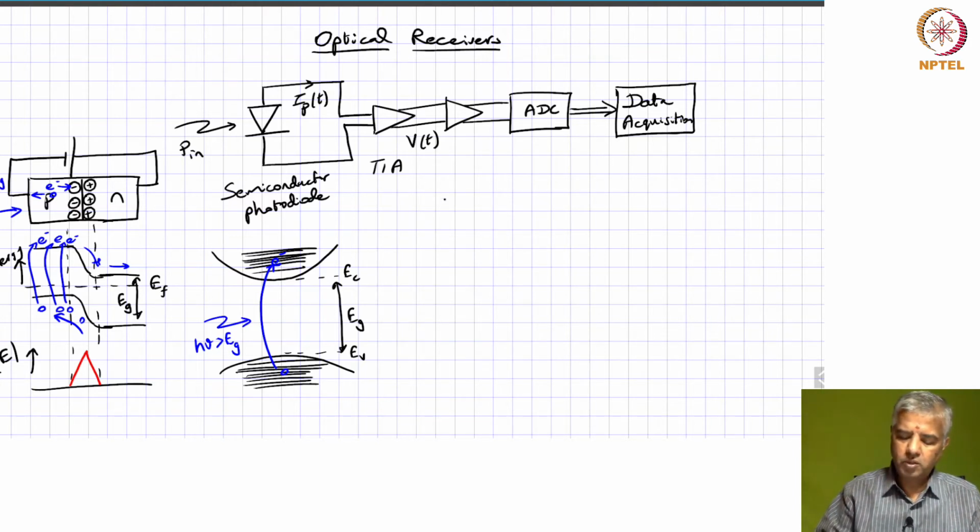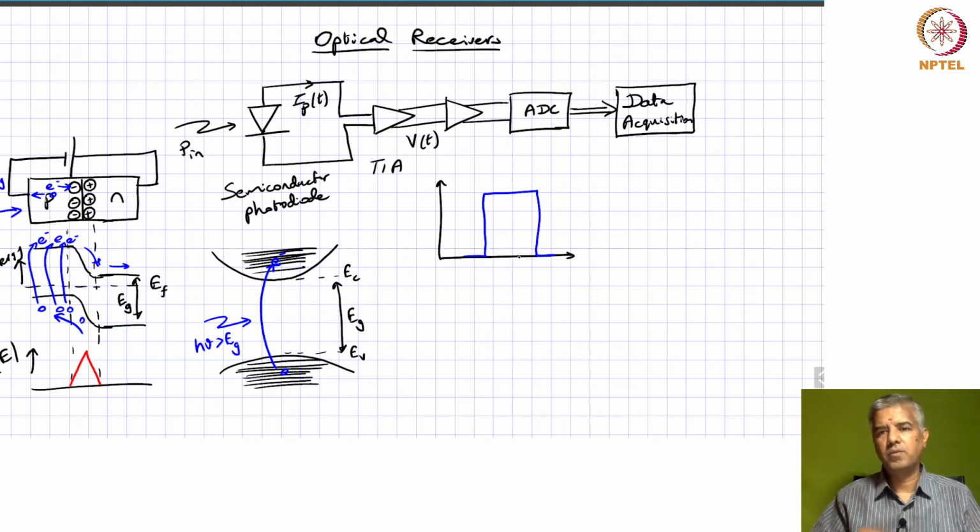When we talk about response, let's say you have a pulse of light coming in, and here we are looking at this as a function of time. Now, how fast does this detector respond to a change in the power? That's the key question.